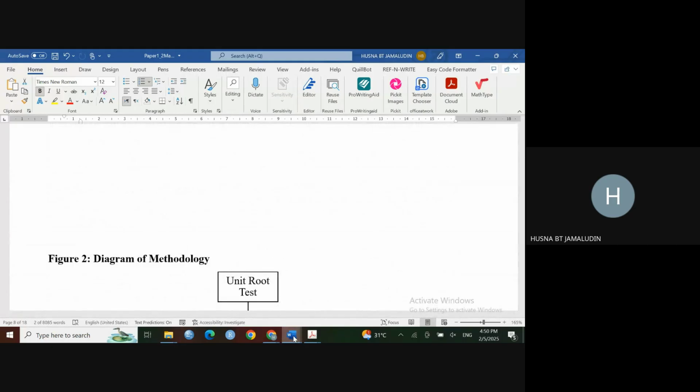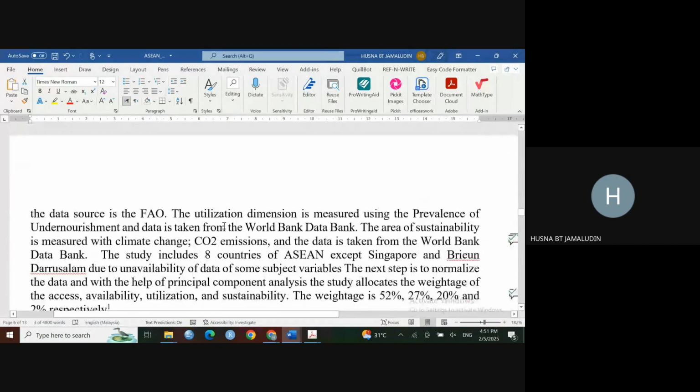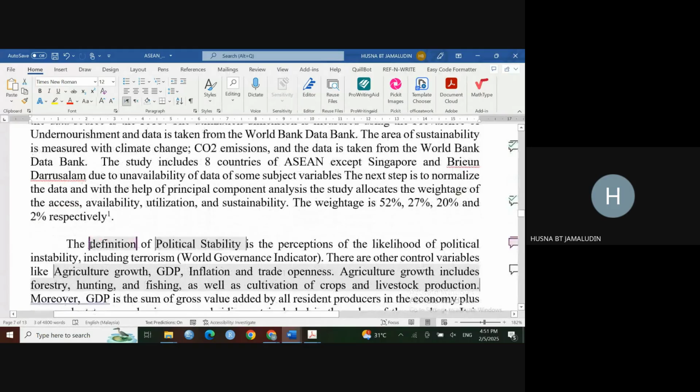But here, can you see what happened here? Designing the method, you did put the variable there. It's just that you didn't put it in a proper, clear manner. So people are asking, okay, you have the variable, where did you get it from? How do you analyze it? You don't have a proper heading, so people are making assumptions. And then you define what the variable is.